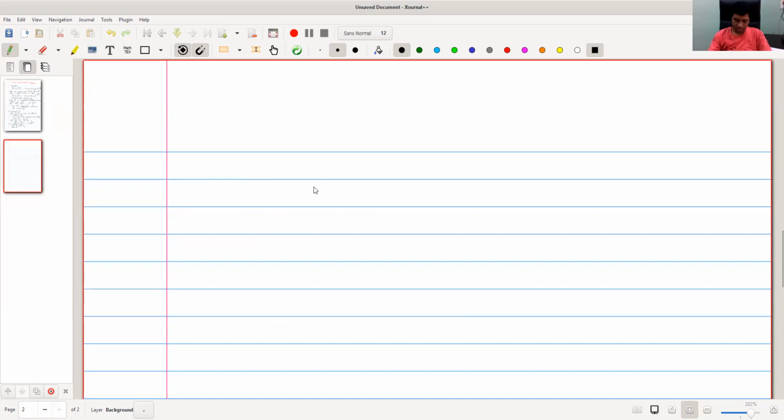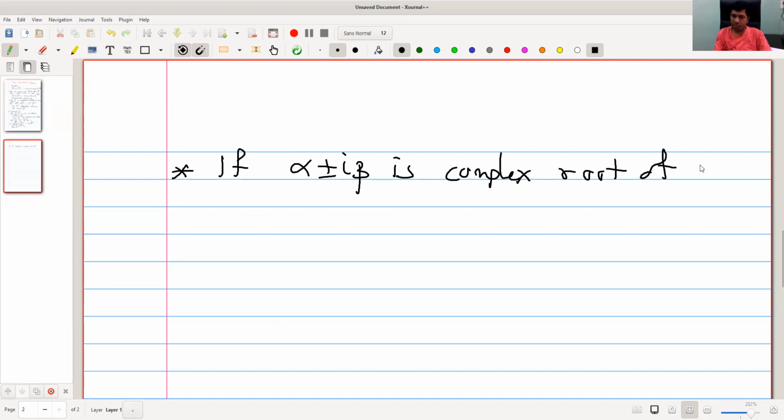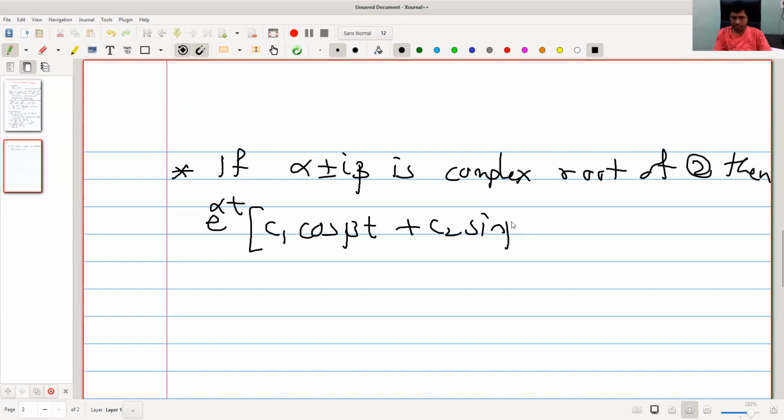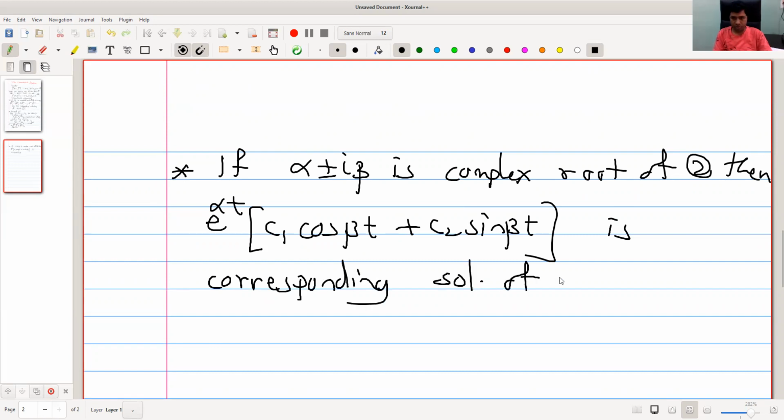Another thing is about complex roots. So if alpha plus minus i beta is a complex root of the characteristic polynomial 2, then e raised to alpha t into C1 cos beta t plus C2 sin beta t is the corresponding solution of 1.